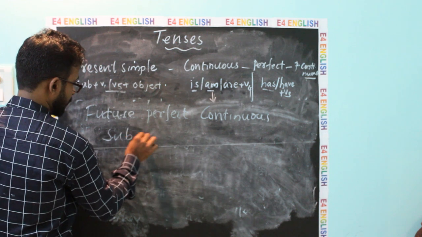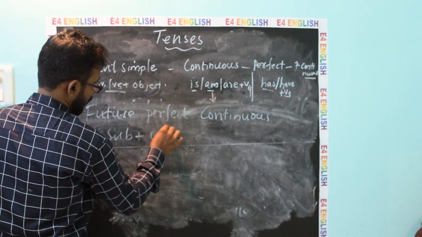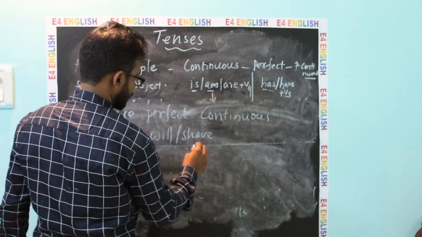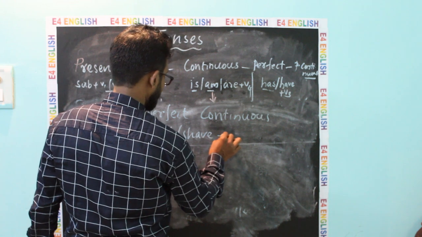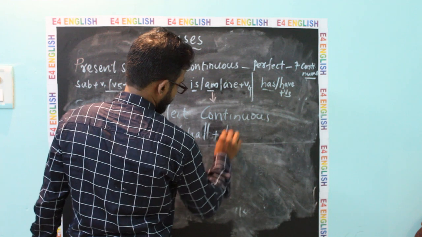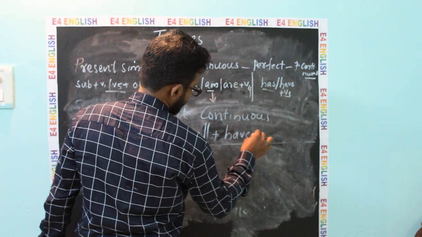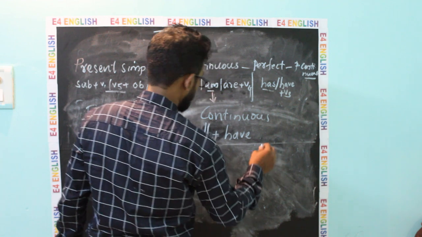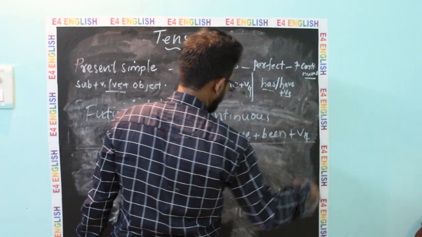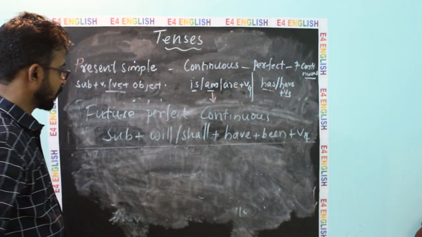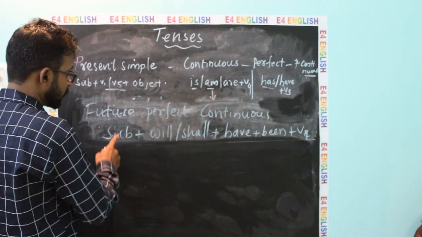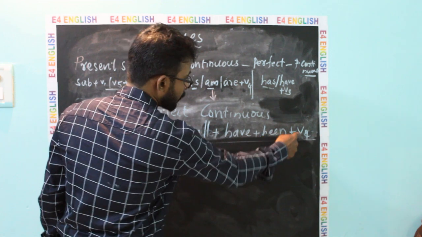The future perfect continuous form is subject plus will or shall plus have plus been plus V-ing, right?